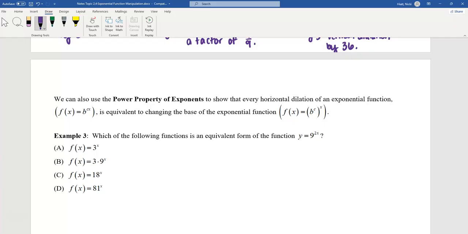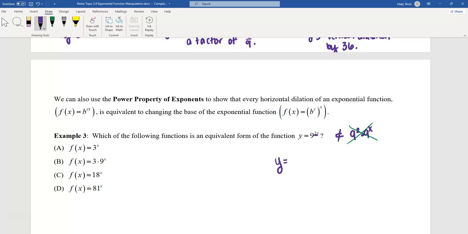So I want to rewrite here, and to do that, I would have to use the power to a power property. We're not adding here, so this is not going to be 9 to the second times 9 to the x. That would be incorrect. For things that are multiplied together, we can write it either way.